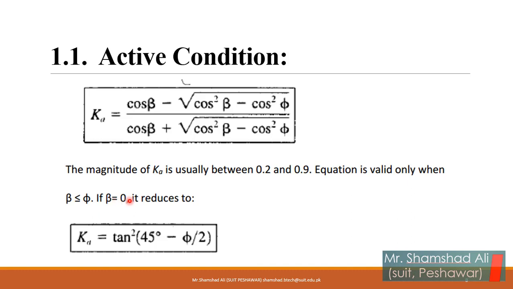If beta is equal to 0, it reduces to a simpler form. If beta is greater than 0, then use this equation. But if the value of beta is equal to 0, then you may use tangent squared of 45 degrees minus phi divided by 2.